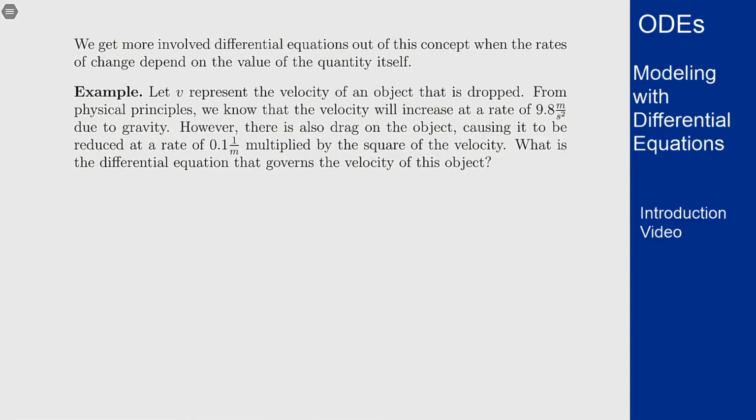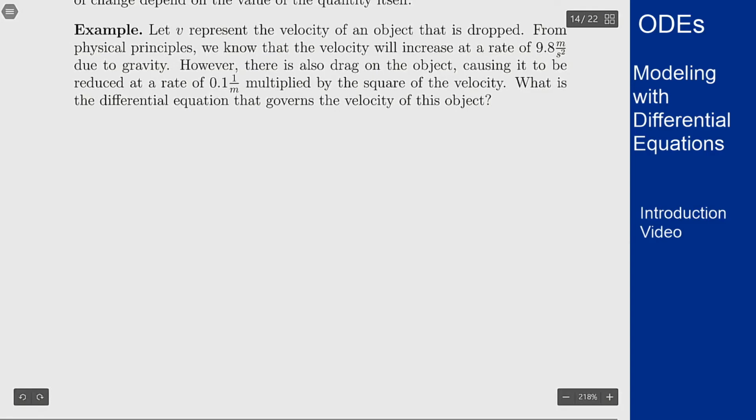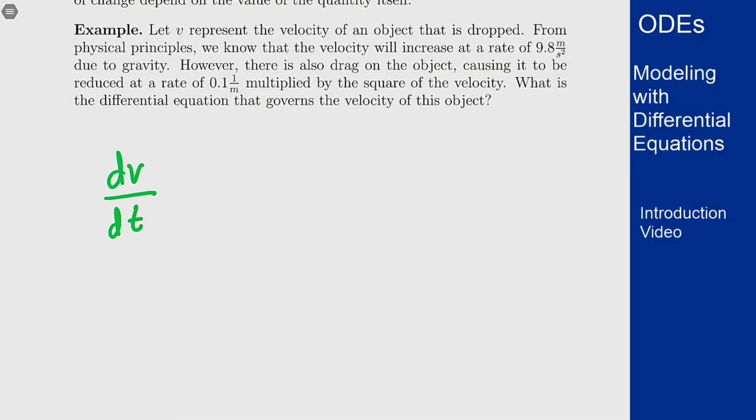Well, our velocity is the thing that's changing. So we want to say our total net change is our derivative of velocity in time. How are we adding to the velocity? Well, we are adding to it with gravity. So we are adding to the velocity at 9.8 meters per second squared. And that's the only factor that's actually adding to the velocity.